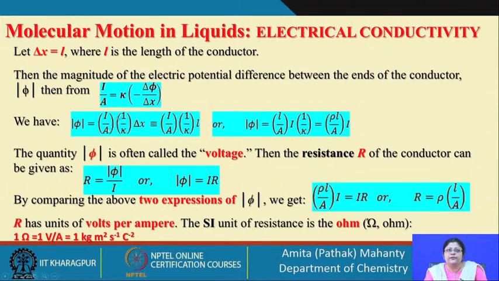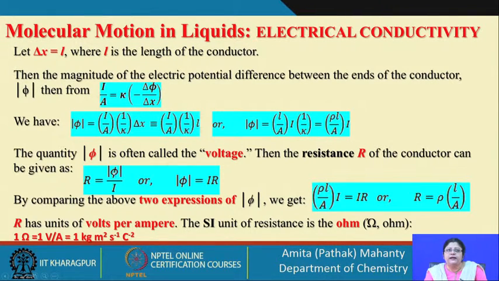So, if we want to find the magnitude of the electrical potential difference across the ends of the conductor, we take it out and rearrange: I by A into 1 by kappa into dx, which will be replaced by L. So, this is the expression you get for the magnitude of the electrical potential difference that is generated across the conductor. That is nothing but rho into L by A into I.